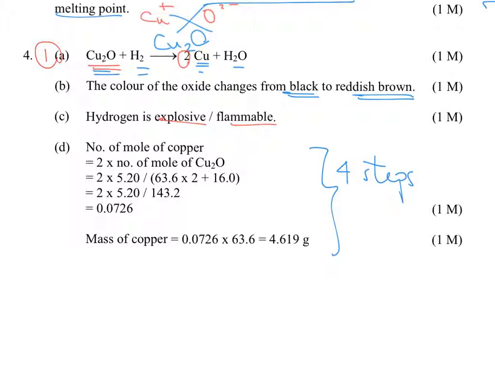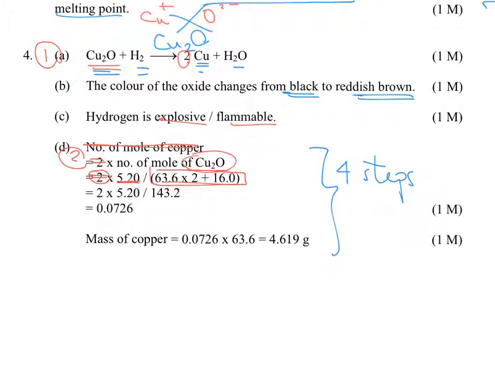The second step, you find out the mole of copper 1 oxide first, because the mass is given to you, and then divide by the molar mass of copper 1 oxide. I think in this solution, because it is not done by me, they put 2 times here; I just eliminate this first. I just want to find out the number of moles of copper 1 oxide first, which should be mass divided by molar mass.